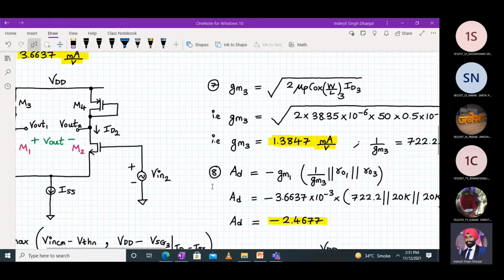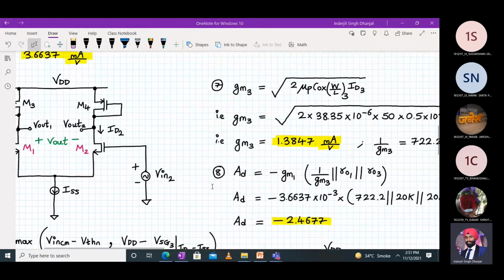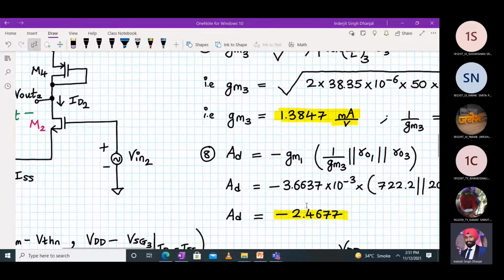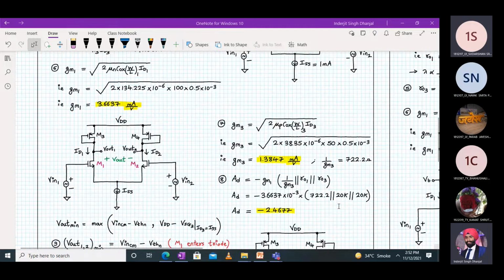Can you please cross check this value? Are you all getting small signal voltage gain as 2.4677? Yes, sir. Okay, fine.